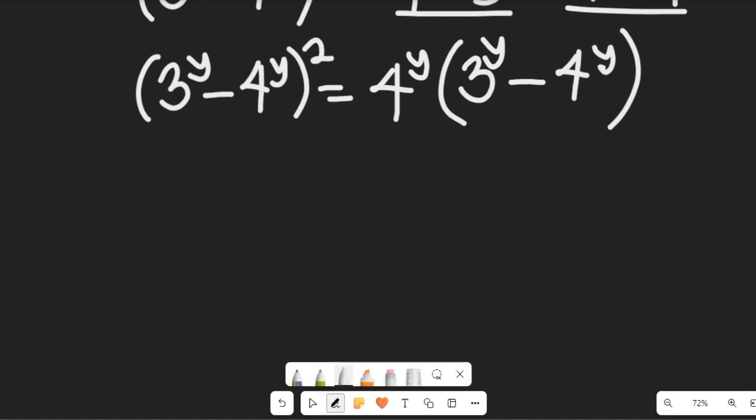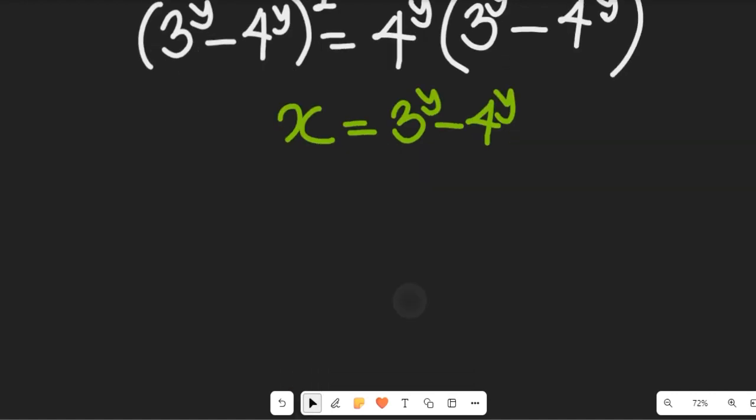So what do we do? In this aspect, I want us to assume the value of x to be equal to 3 to the power of y minus 4 to the power of y. So that means wherever I see 3 to the power of y minus 4 to the power of y, I can replace it with x.